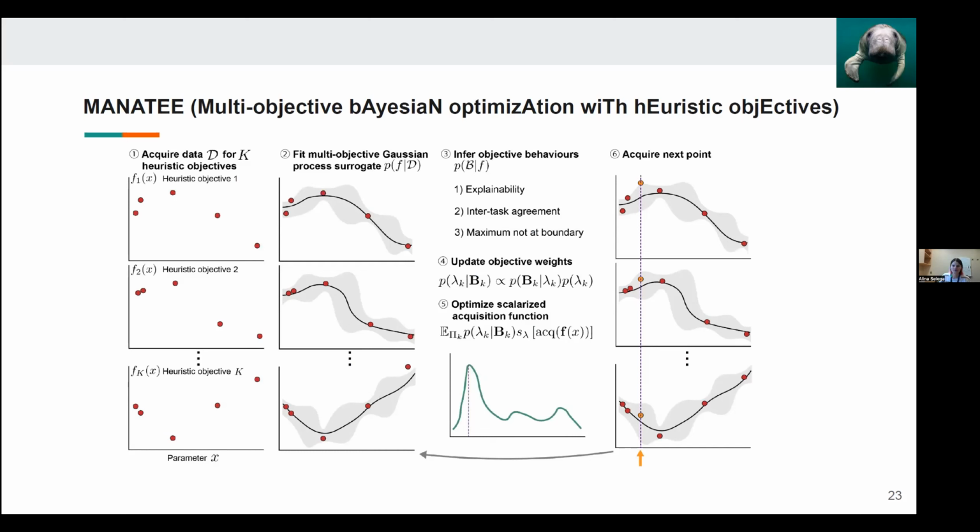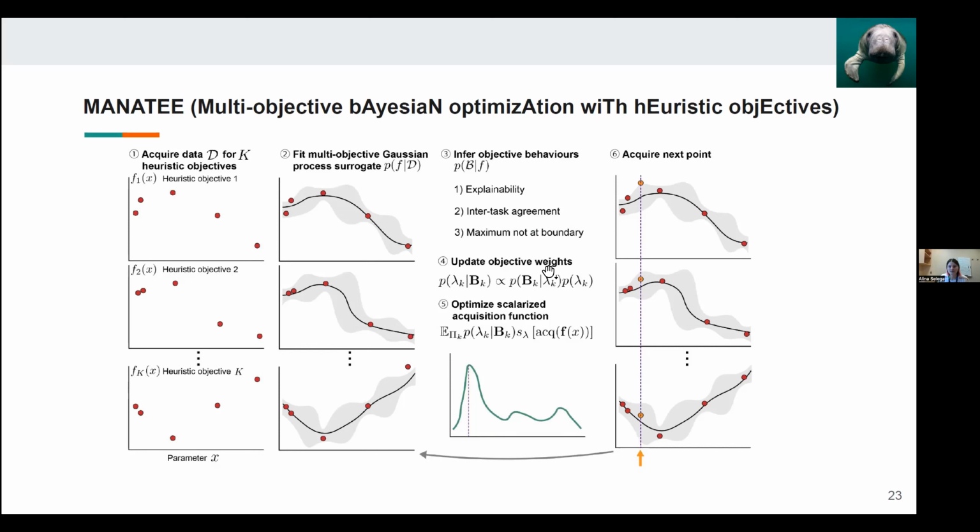So it follows the typical multi-objective Bayesian optimization workflow. We start in step 1 when we acquire some data, and we have k heuristic objectives, and not all of them may be useful. We then fit a multi-output Gaussian process model to it. In step 3, we infer objective behaviors, which are the 3 behaviors that I've introduced, and they are computed from the posterior form of each objective.